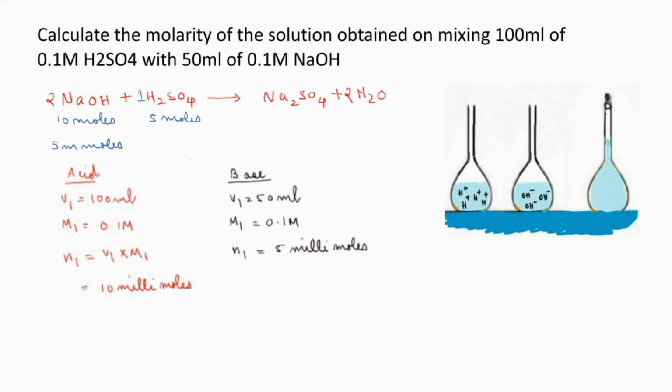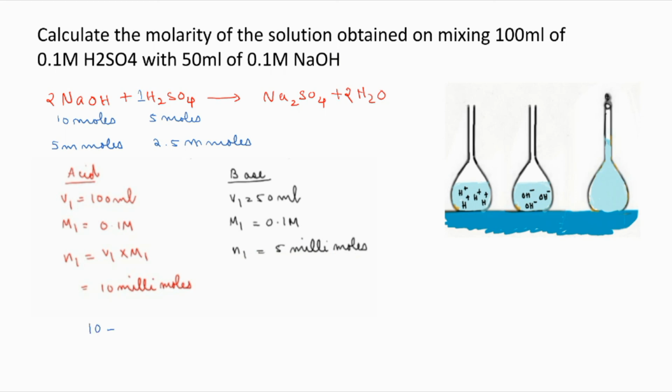That needs only 2.5 millimoles of acid for complete neutralization. But you have taken excess amount of acid, that is 10 millimoles present in the solution. Out of this one, 2.5 millimoles will be completely neutralized by this base, right? So the remaining solution will be acidic in nature.